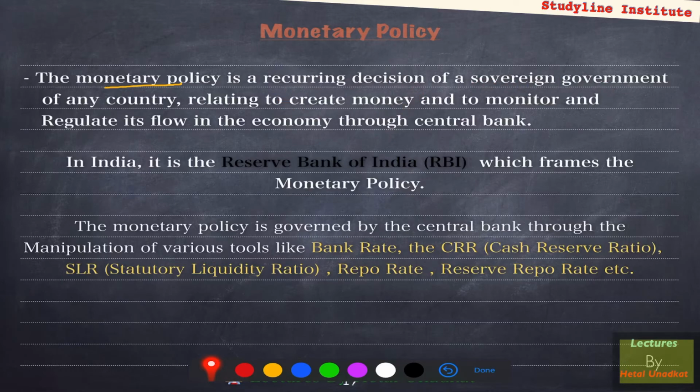First they need to create money and afterwards they need to monitor. पैसा कहाँ पे जा रहा है उसको regulate करना पड़ता है. So it monitors and regulates its flow in the economy through the central bank. This all happens through the central bank. Central bank will keep its eyes on the money and regulate the money in our entire country.